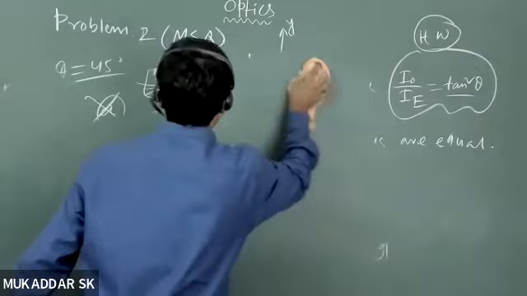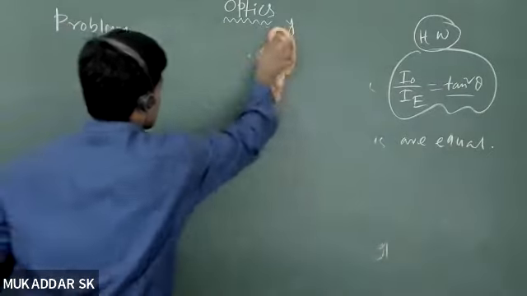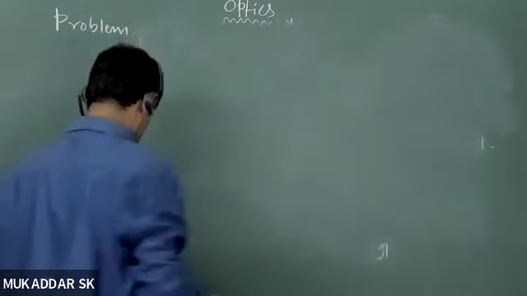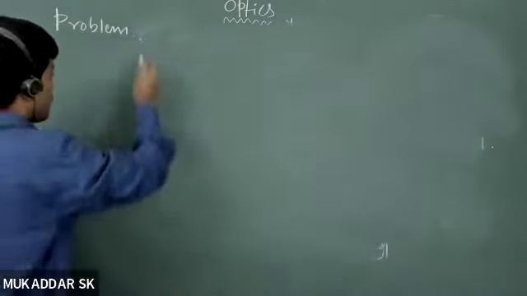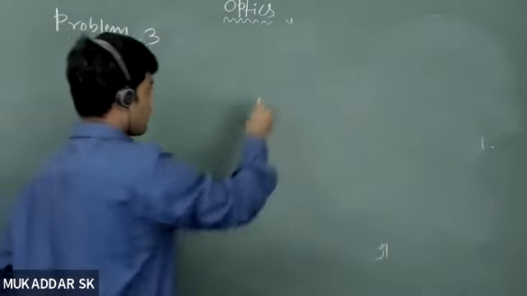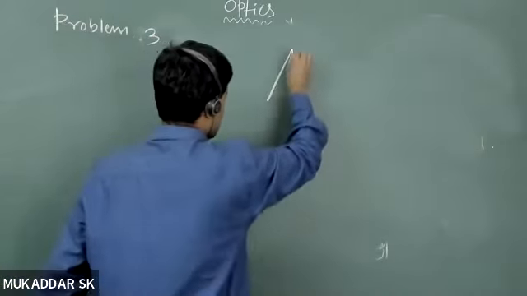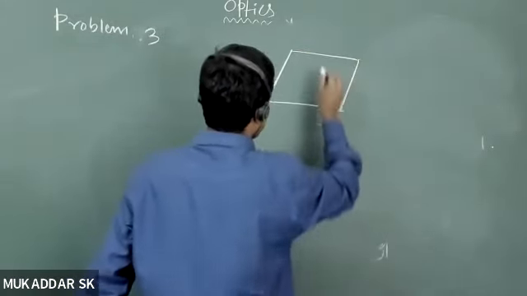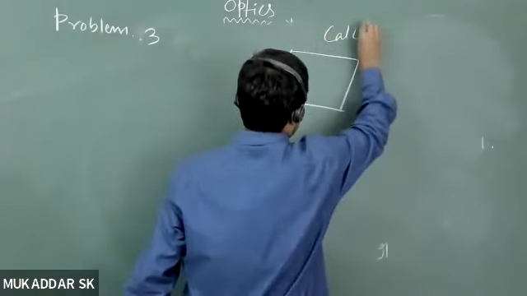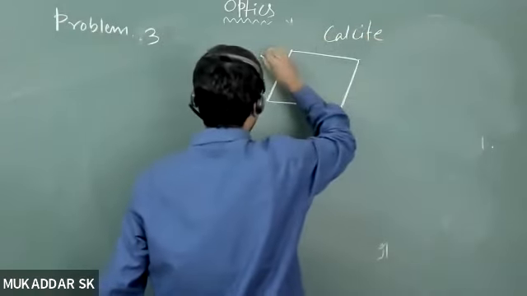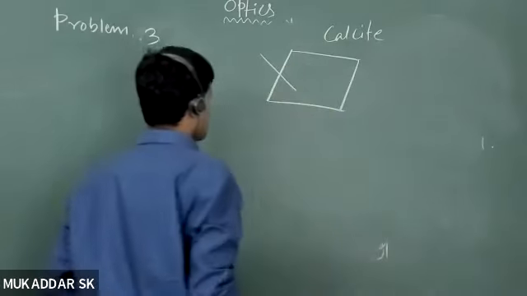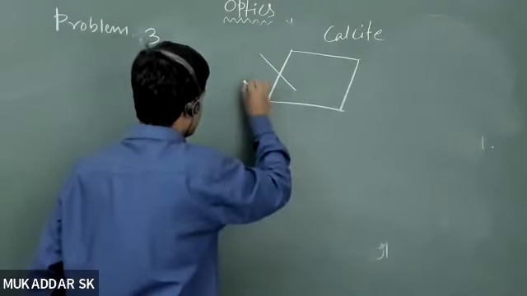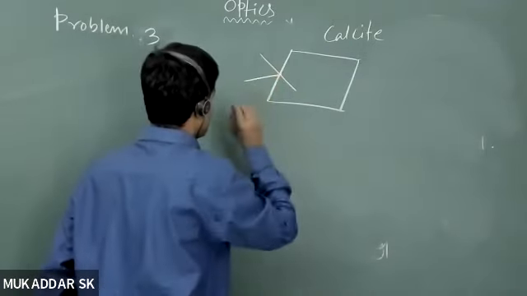Okay. Now problem number 3. Suppose you have a calcite crystal, and this is the normal. Now an unpolarized light is incident at an angle of 50 degrees.